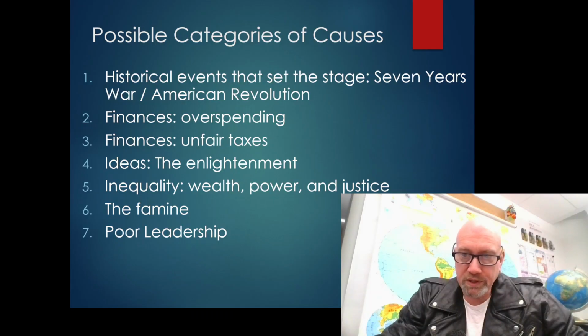Number 4, also the inspirational ideas of other types of government. And then number 5, inequality: inequality in wealth, inequality in power, and inequality of status. So number 5 could be split up into 3 additional subcategories. And then number 6, the famine caused by the severe winter weather. And number 7, poor leadership.